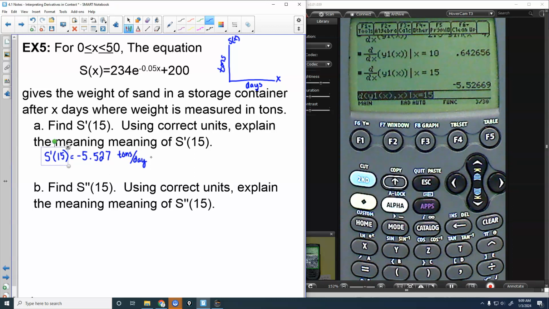All right, what does it mean? Now we need to talk about what's happening in the storage container. We need something else with that. When are 5.5 tons being removed every day?